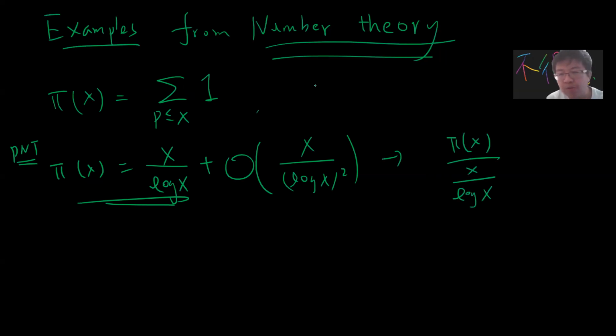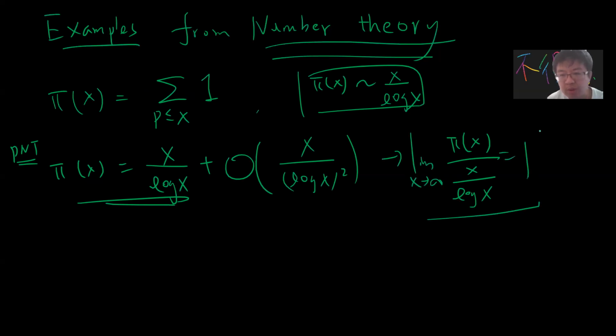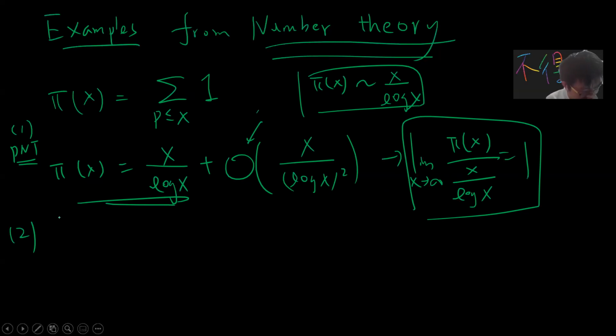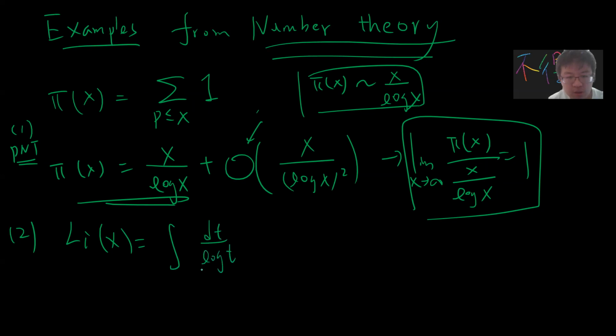Okay, so maybe the very simple version is this, where I use the same order of magnitude, bounded by 1. Okay, and this is the first version, and then you get the second, more refined version. The more refined version is that you define Li of x, the famous integral of dt over log t, let's say from 2 to x.